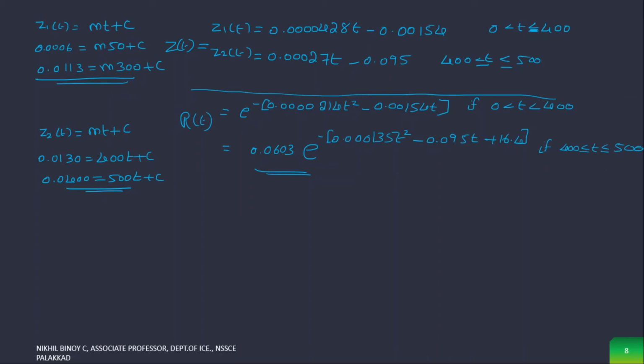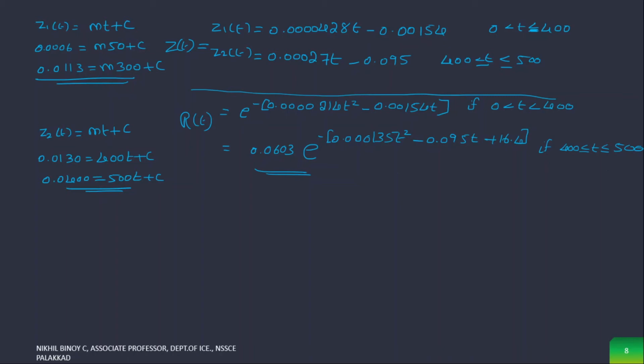So reliability R of t is equal to e raised to minus 0.0000214 into 100 square minus 0.00154 into 100.